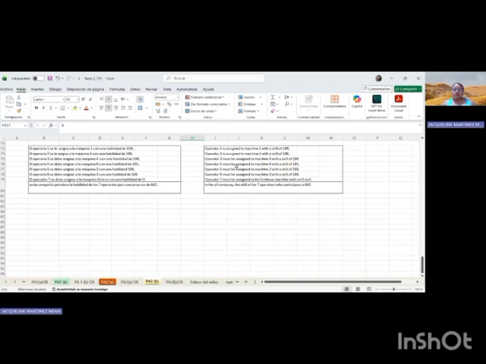Operator 4 must be assigned to machine 6 with a skill of 105. Operator 5 must be assigned to machine 2 with a skill of 108. Operator 6 must be assigned to machine 3 with a skill of 108.